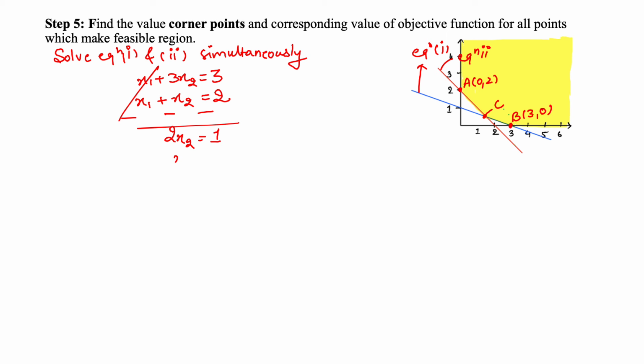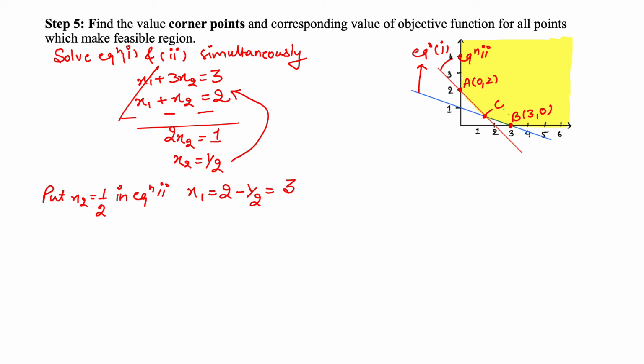So x2 is how much? x2 is 1 by 2. Now put this in equation 2, and you will get the value of x1. So x1 equals 2 minus x2, which is 2 minus half. So the x1 value is 3 by 2. So my coordinates are x1 equals 3 by 2 and x2 equals 1 by 2. So these are the three corner coordinates.